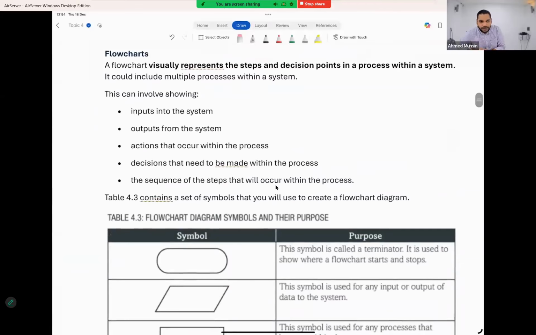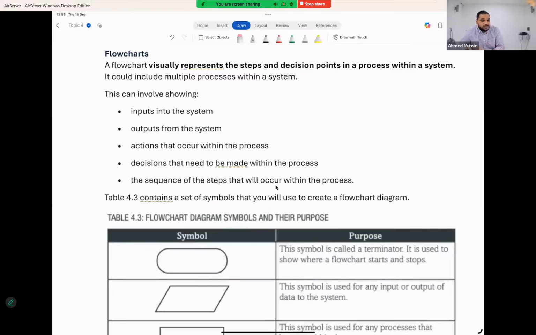Flow charts. This is a bit more complex, but a bit easier to draw than data flow diagrams. Even though they are more complex, drawing them is easier. Can you read the bold words? A flow chart visually shows you the steps and decision points in a process within a system.